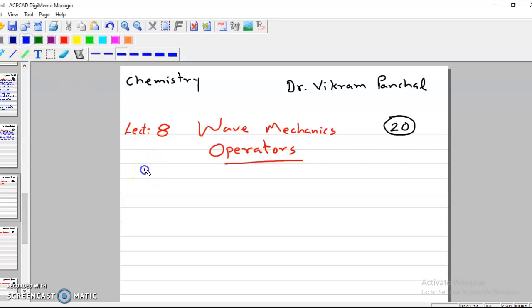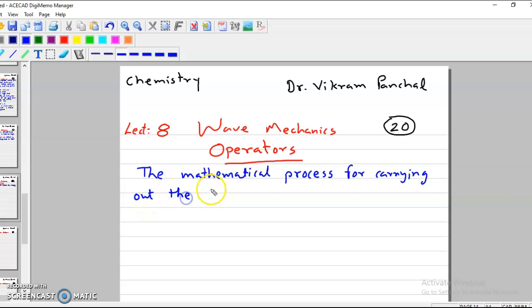By definition, the mathematical process for carrying out the derivation involves the concept of operators.